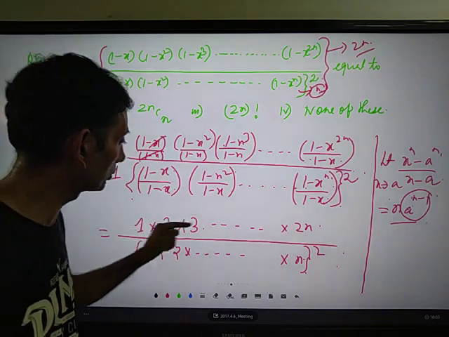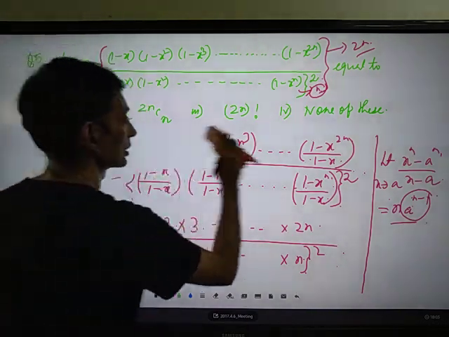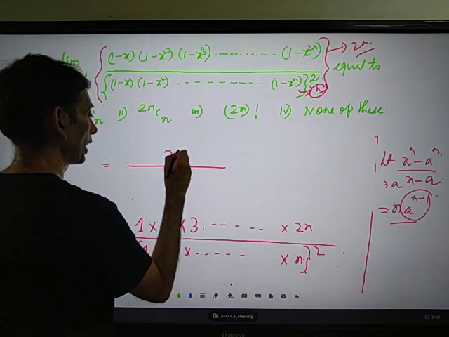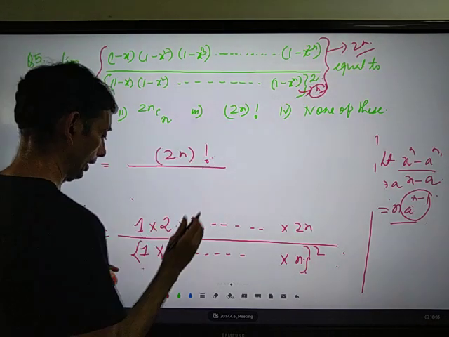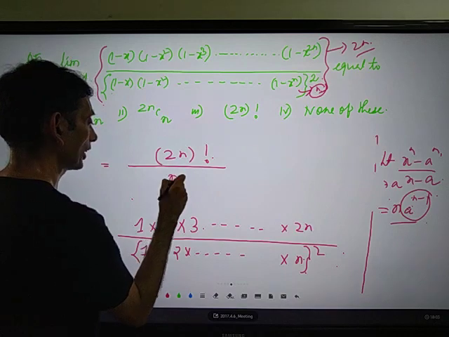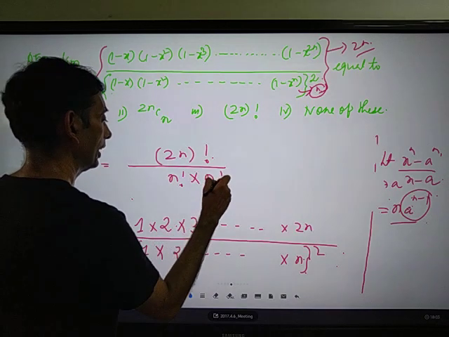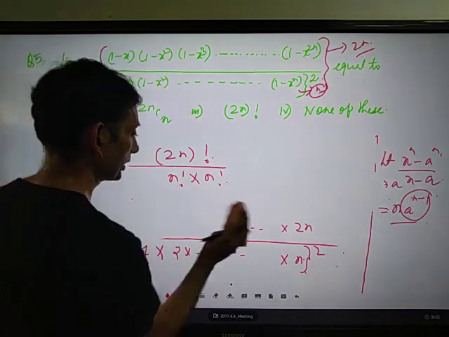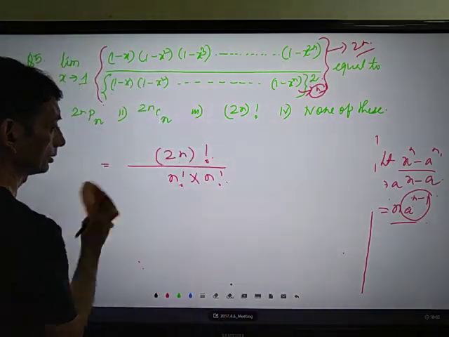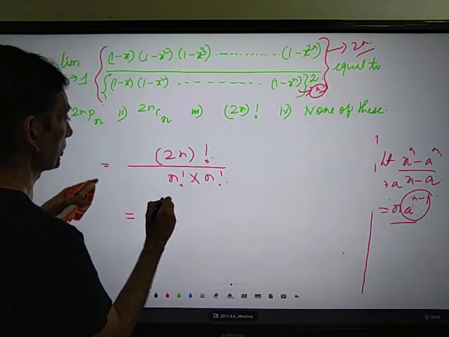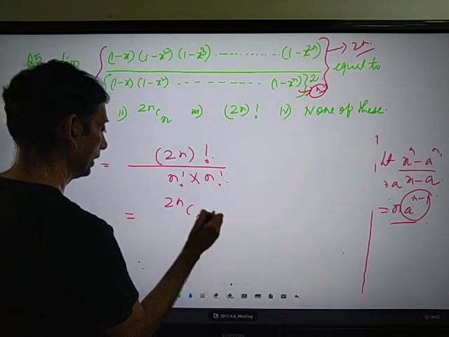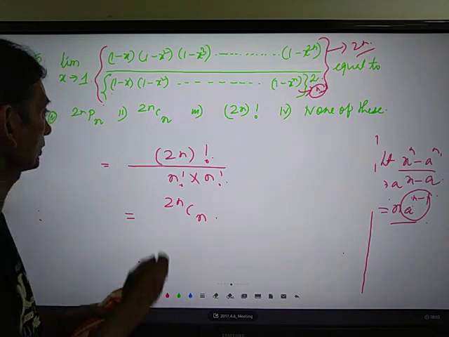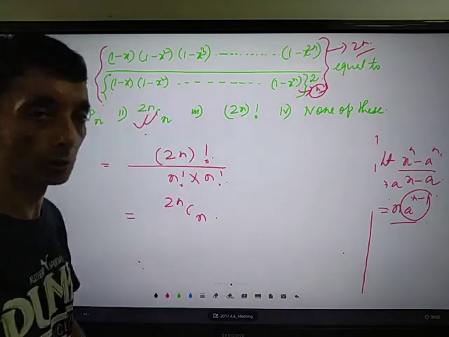So 1, 2, up to twice n multiplied gives us twice n factorial, and 1 to n is n factorial, and since the square is there, n factorial into n factorial, or n factorial square. So this is equal to twice n c n, which is twice n factorial divided by n factorial into n factorial. So this will be option 2.